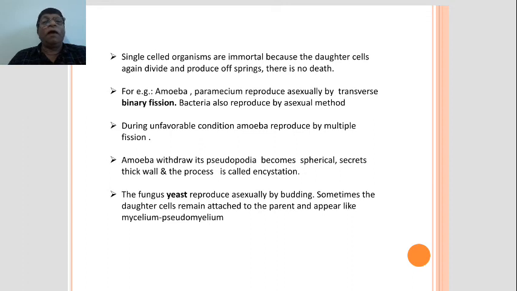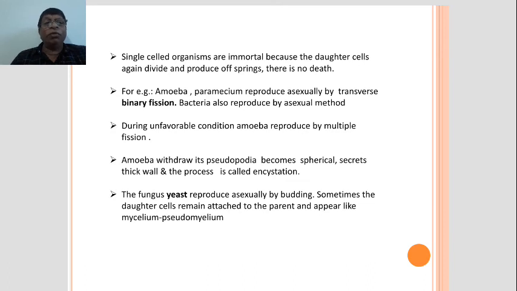Asexual reproduction always takes place during favorable conditions. What is the meaning of favorable condition? When plenty of water or moisture is there in the atmosphere, when there is water in the pond, it does asexual reproduction. You imagine during summer the pond dries up. For survival purpose, what happens?